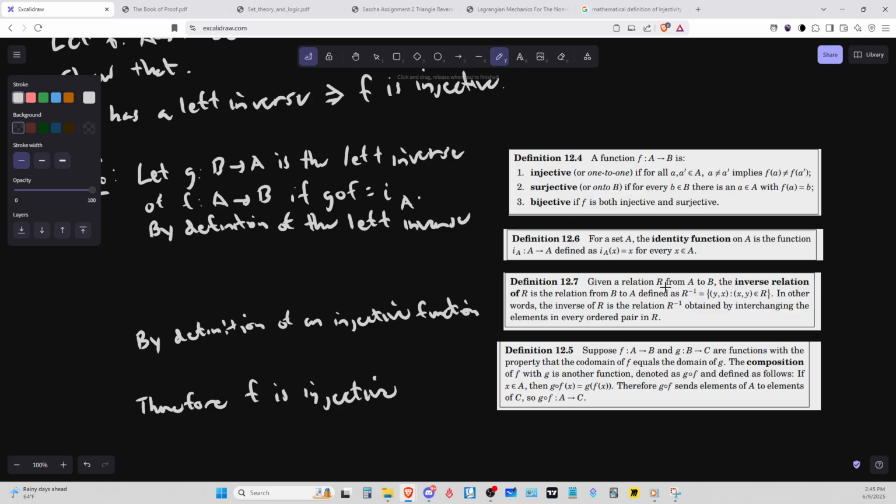Given the relation R from A to B, the inverse relation of R is the relation from B to A defined as R inverse. Okay, in other words, the inverse of R in relations: the coordinates are interchanged.